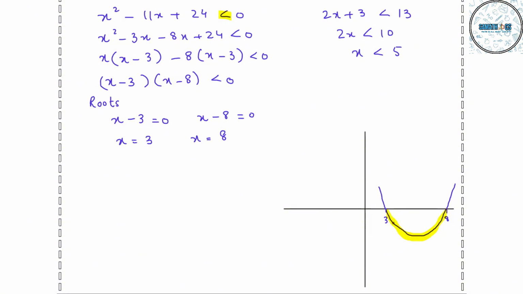The values of x on this part of the curve are in between 3 and 8. So we have here x is greater than 3 and less than 8.